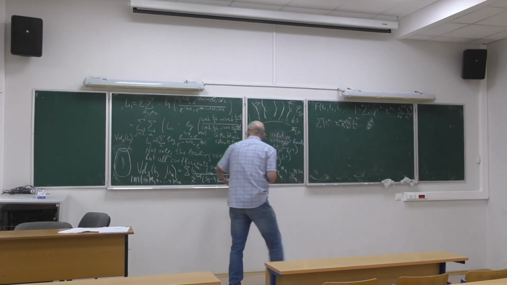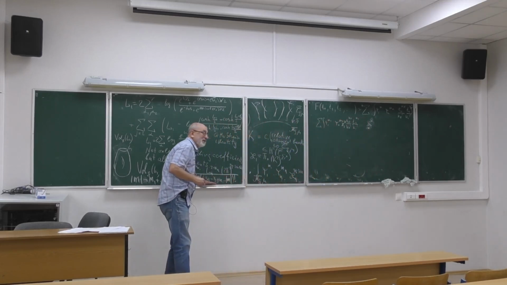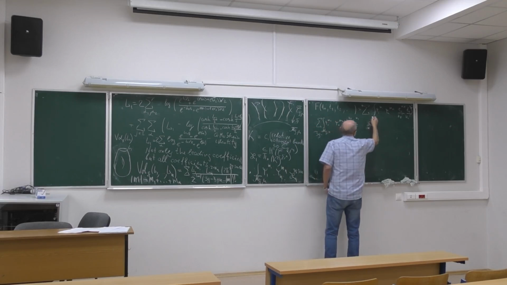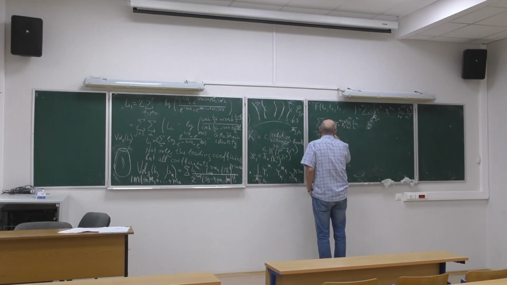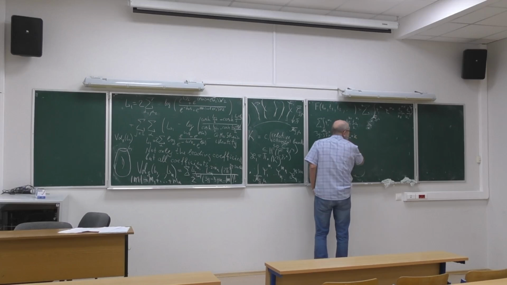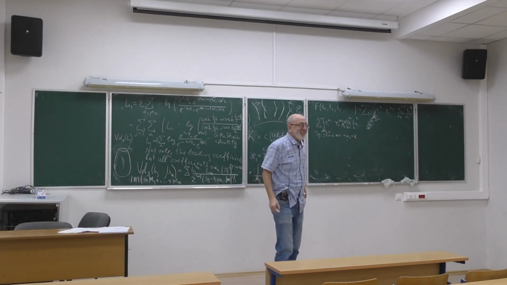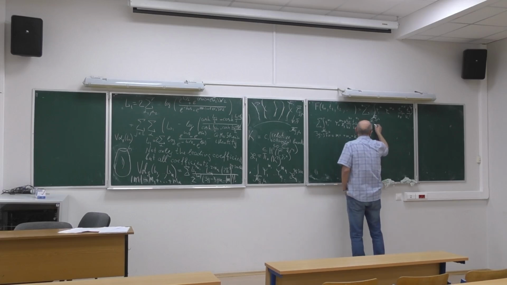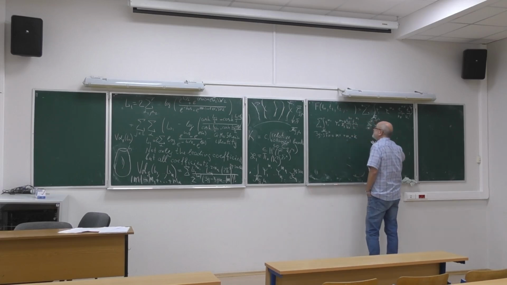What we need is this formula, 3g minus 3 plus n equal to the sum of the l's plus the sum of the m's plus k. That's the relationship. And it happens that this function admits a very simple expression in terms of the original one.